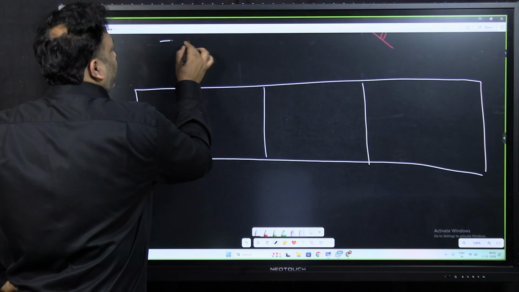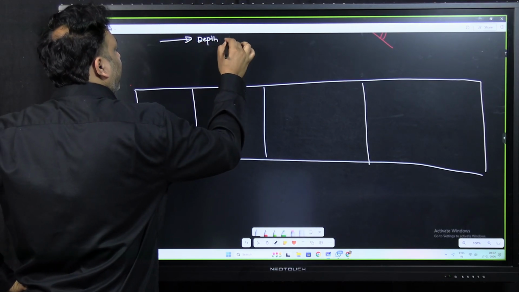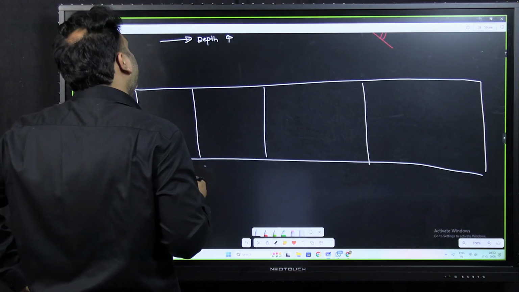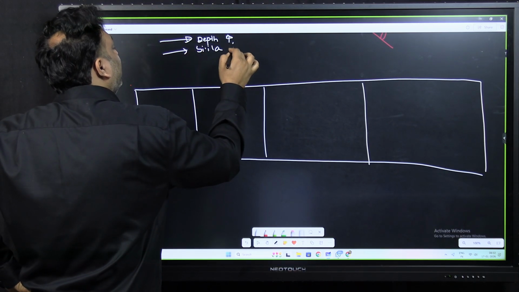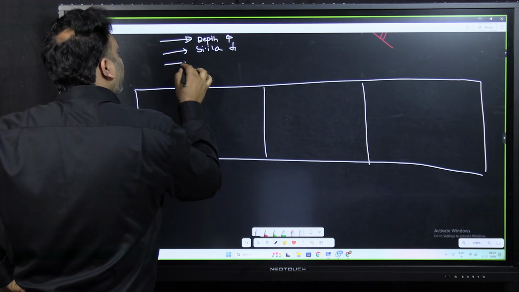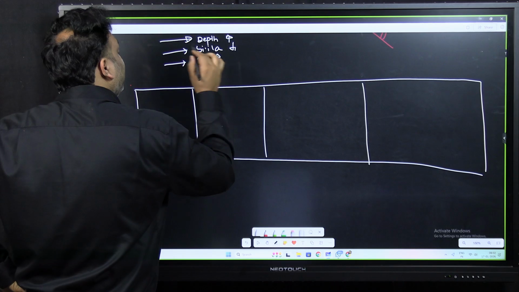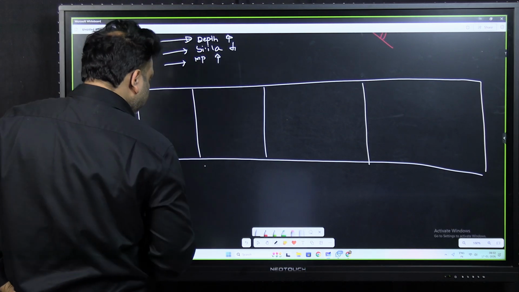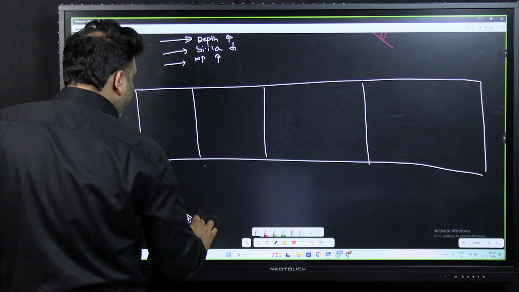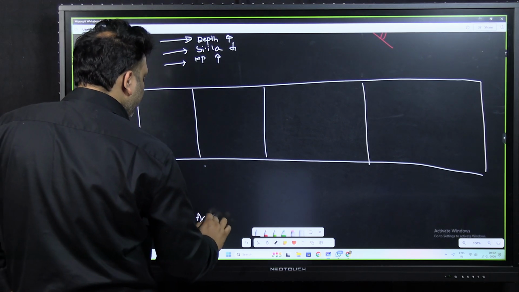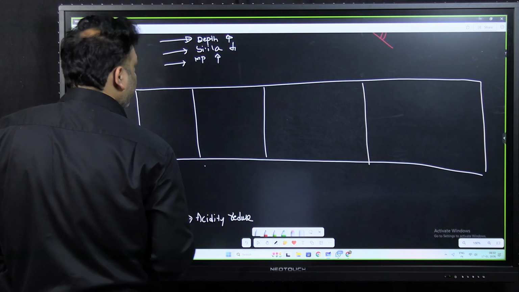See, towards this direction, the depth is increasing. So what will happen to the silica content? Silica content will reduce. So what will happen to the melting point? Melting point will increase. What will happen to the acidity? Acidity will reduce.